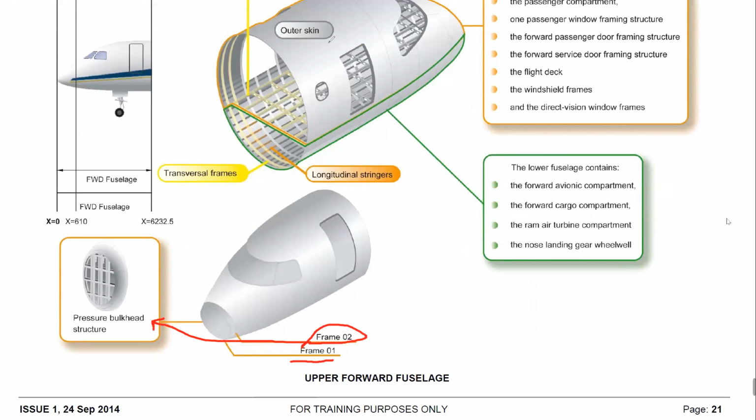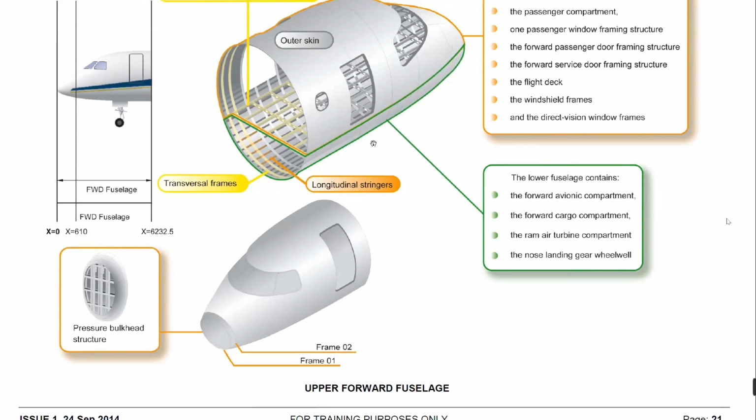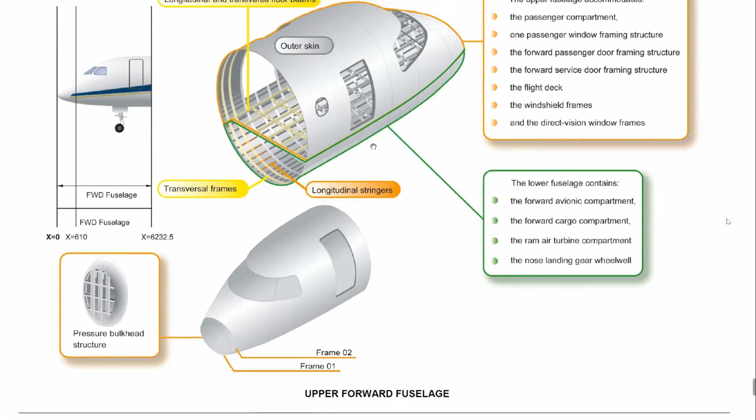And to be honest, I totally forgot about this after my type training, but in my experience, one aircraft arrived after a lightning strike, but the lightning strike was at another airport, so they flew back with passengers to our airport, and during the walk around we found one hole, just a hole here at 6 o'clock, just behind the radome.